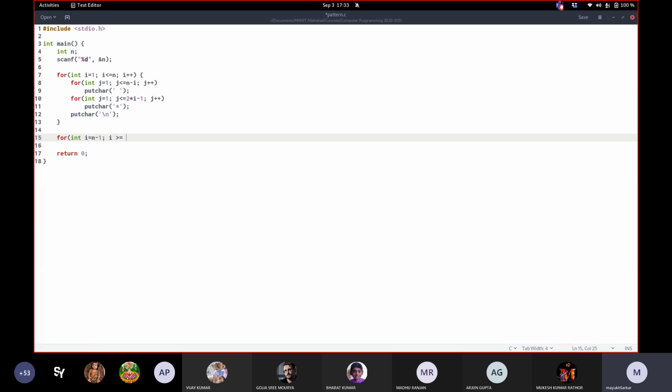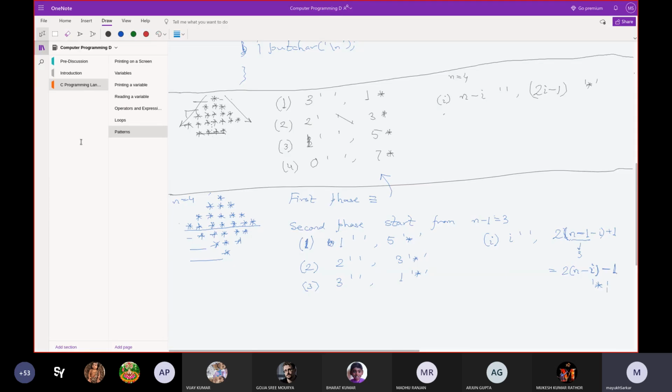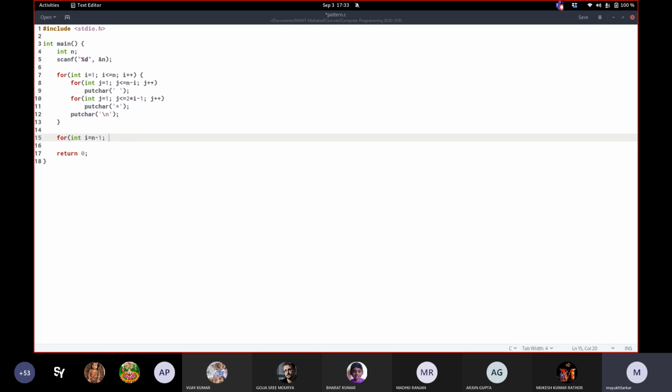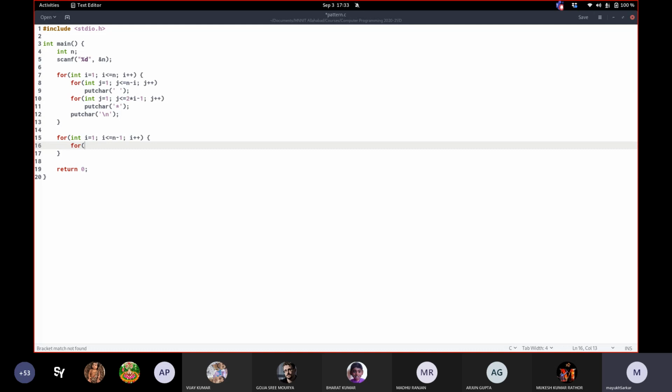In fact, there will be n minus 1 phases, and I can start with i is equal to 1 as well. i less than n, i plus plus. And in each phase, there will be i number of spaces.